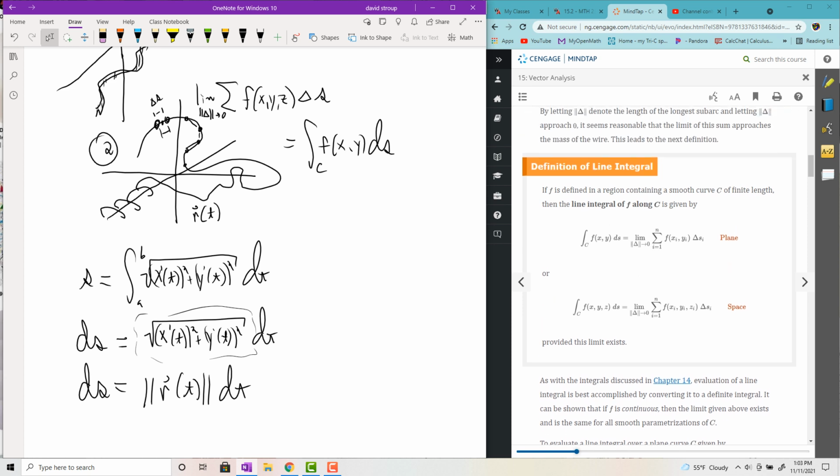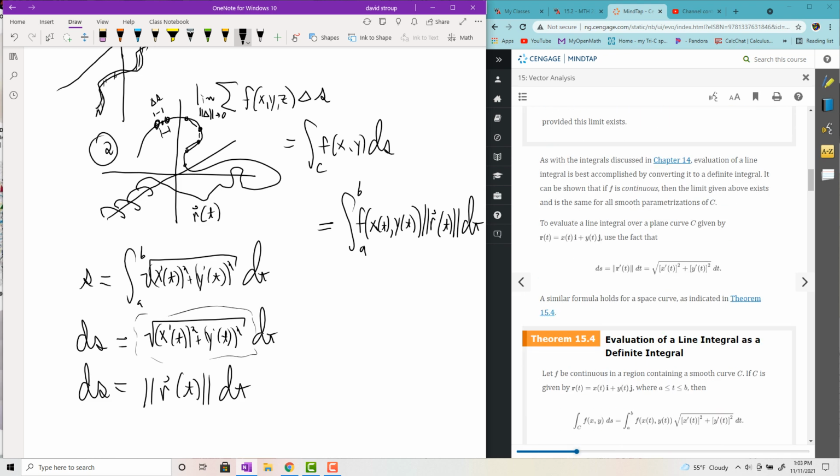But anyways, what you're going to do to evaluate this is replace that ds and the x and y inside of it. So you'll have x of t, y of t, where you're getting the x of t and y of t from the vector valued equation for the curve, and then ds will just be the magnitude of the derivative of the equation for the curve, dt, and then you'll be able to evaluate that.